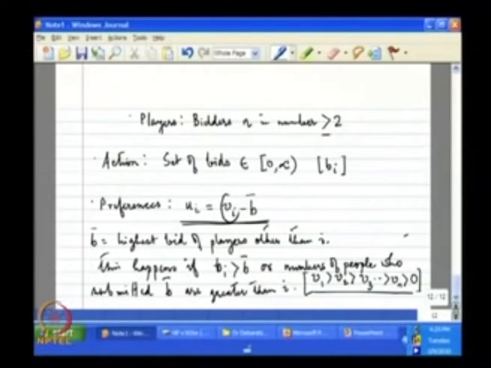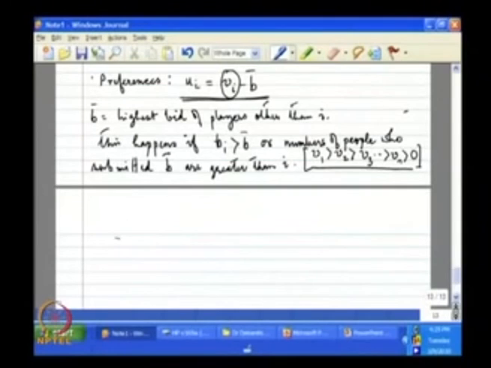So, his payoff in that case is his valuation for the object minus the price that he is paying, that is B bar. He can get the object also if his bid is the same as some other people's bid and both these bids are highest and his number is less than the number of the other person. In other cases, Ui is simply equal to 0.